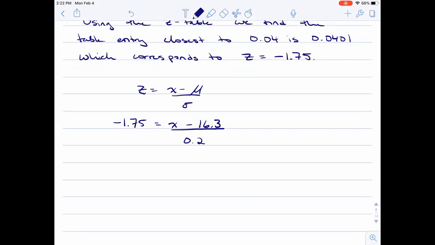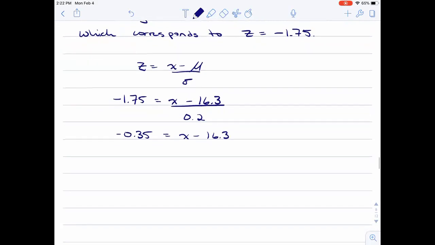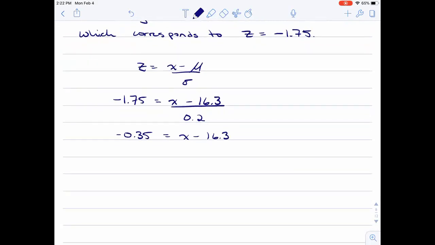So negative 1.75 times 0.2, we get negative 0.35 is x minus 16.3. And then add 16.3 to both sides. I get x is 15.95.